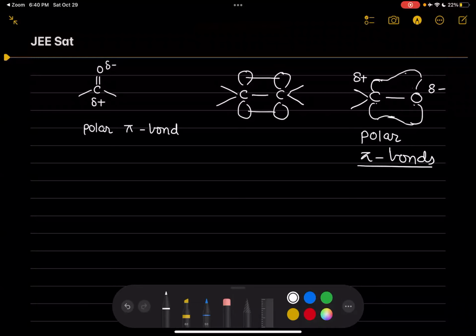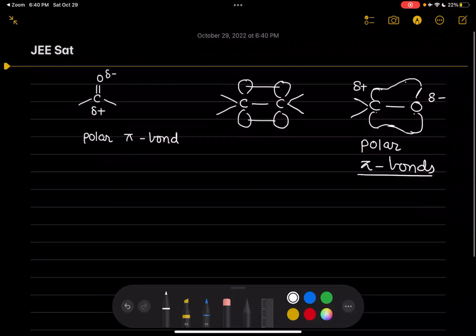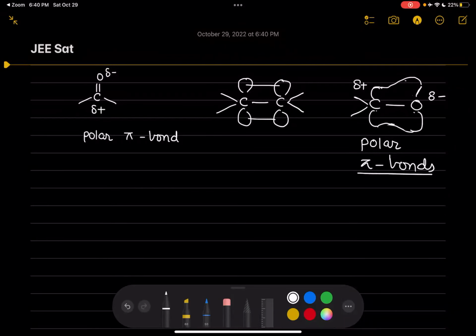So this is a polar pi bond, right? Because the pi bond is shifted towards oxygen, oxygen being more electronegative. Yes, it is polar, and that's why the nucleophile, which is an electron-rich species, can come and get attached to the positive end of the dipole.